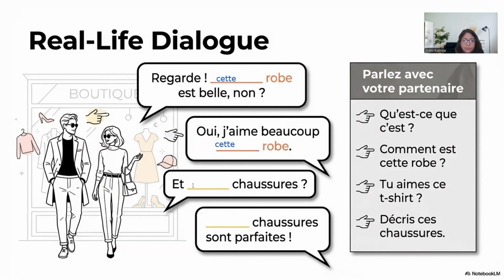Ces chaussures. Ces chaussures sont parfaites. Look, this dress is beautiful, no? Yes, I really like this dress. And these shoes are perfect. This is how it is used in real life.